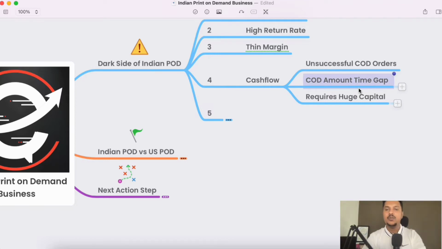You transfer the order to a supplier and pay the cost of the t-shirt, then the supplier ships it directly to me. That takes around 7 to 10 days. Then I make the payment to the delivery boy, and it takes almost another week to reflect in your bank account. So it takes almost 2 weeks for that amount to reflect in your bank account.